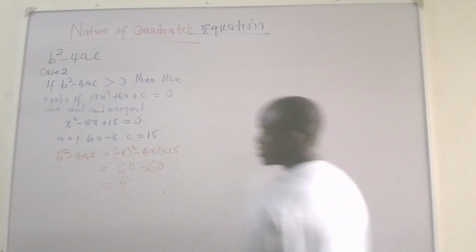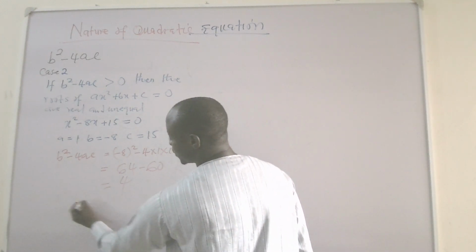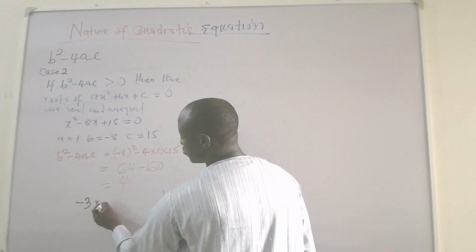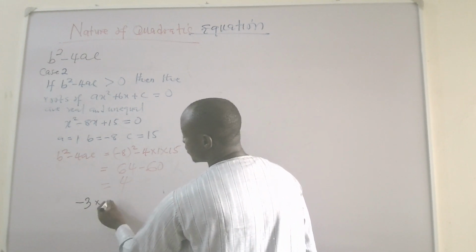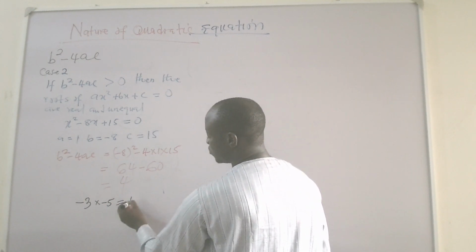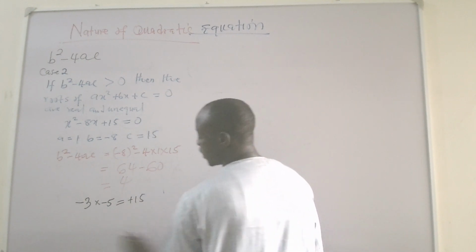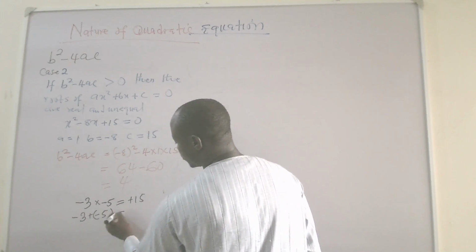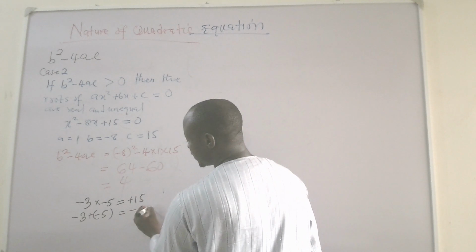So now let's look at minus 3 and minus 5. Minus 3 times minus 5 will give us plus 15, and minus 3 plus minus 5 will give us minus 8.